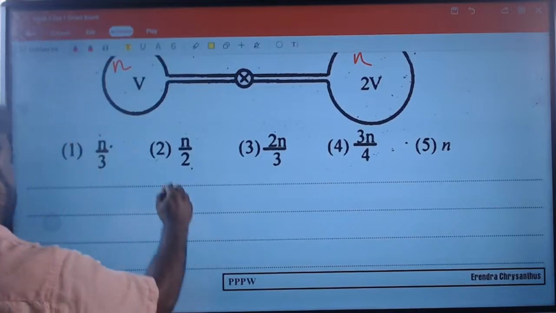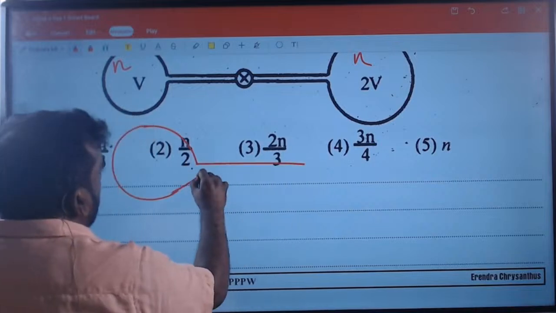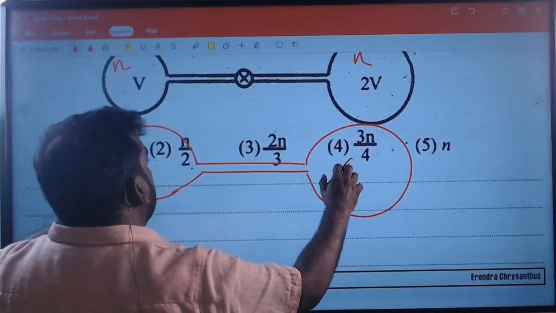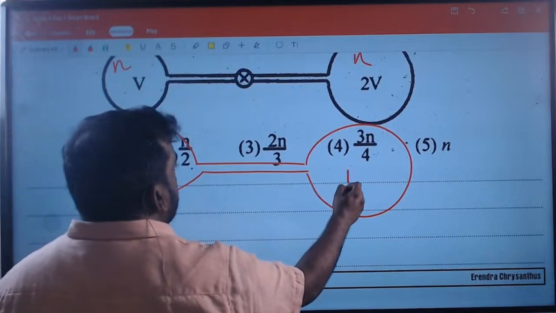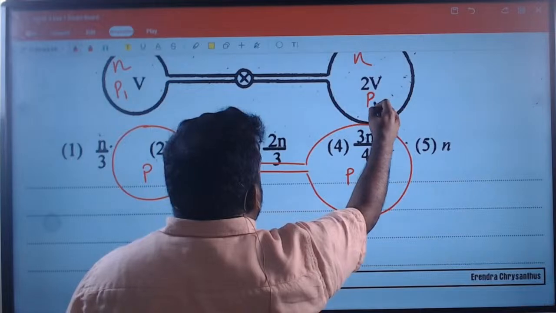Okay. So once you open, tell me what will happen. Gas will travel from high pressure to low pressure until the new pressures are the same.